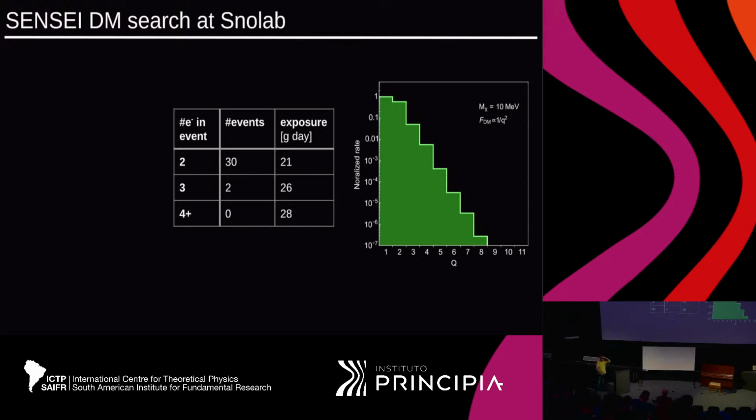So thanks for the nice talk. Maybe a very naive question, but why are the exposures different for each number of electrons in events? Yeah, because here we are using slightly different selection cuts for the different channels. They are similar, but not the same. Because as I mentioned before, for 2 electrons together, the chance probability is relatively high.